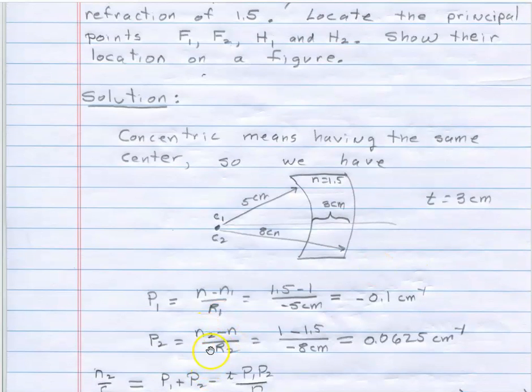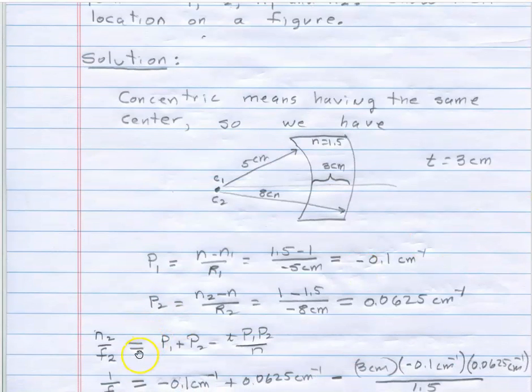And P2 likewise is N2 minus N1 over R2. In this case, it's air on the backside as well, so we've got 1 minus 1.5 over minus 8, and that gives us a positive 0.0625 for P2.